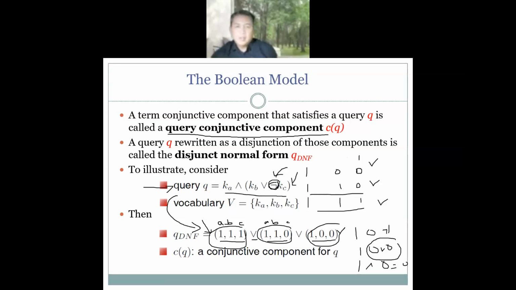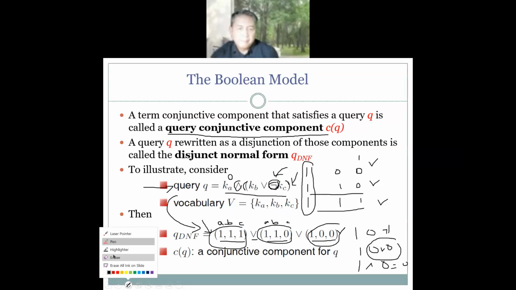So that's why you have to test for this, because for AND, both sides must be 1 in order to be true, so you cannot have this one as 0. That's why we only consider 1.